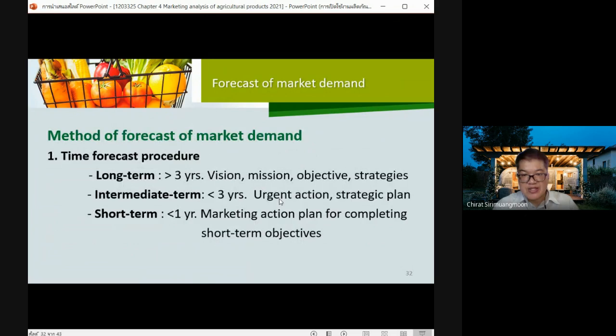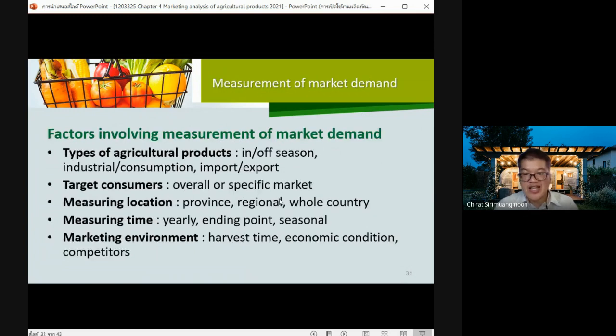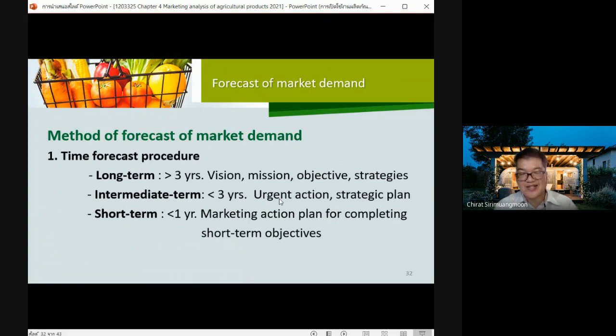Then let's talk about methods for forecasting the market demands. So we just had the measurement, then we have the forecasting. What do we need to use for forecasting the market demands?